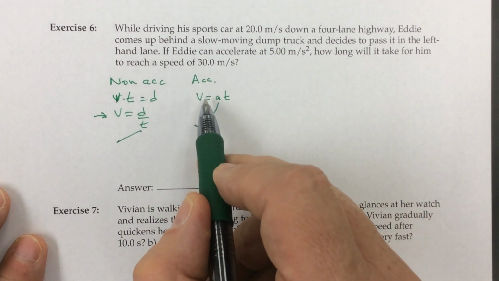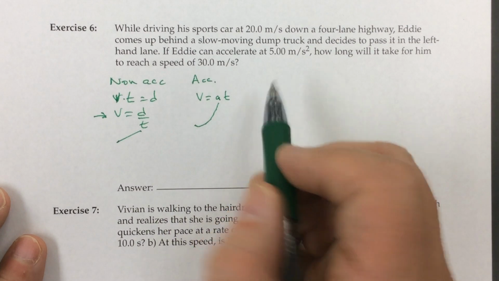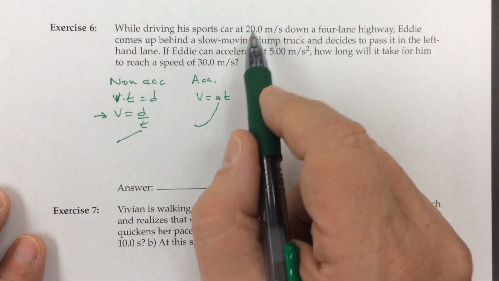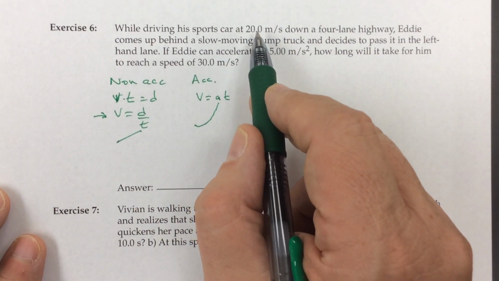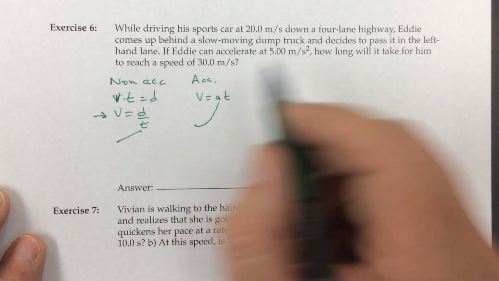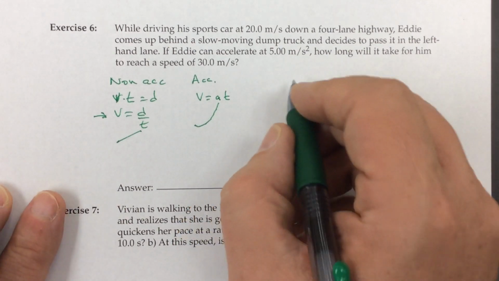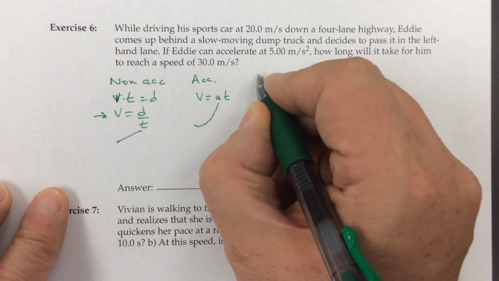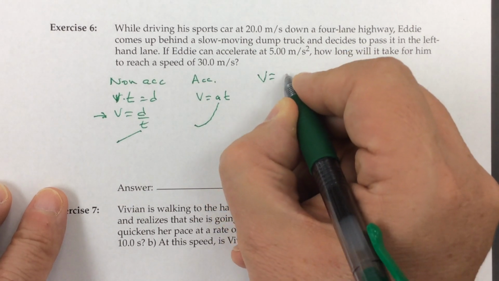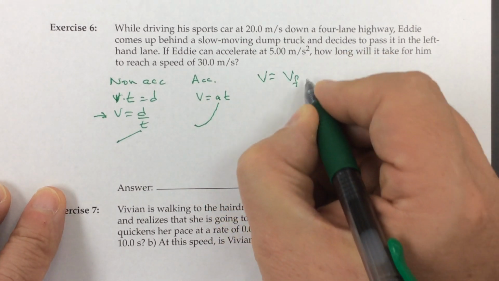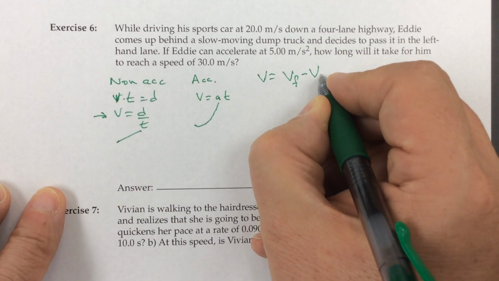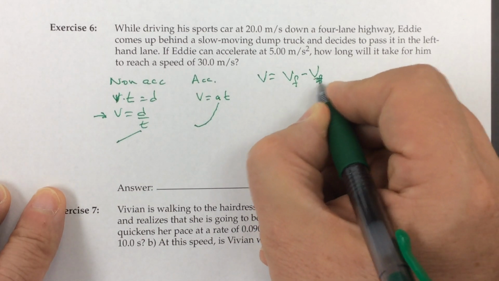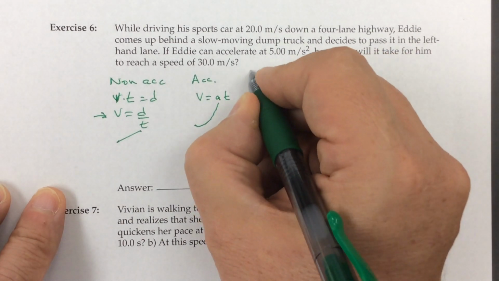Now we've got velocity, but we've got two different velocities. He's going at an initial velocity, right? And then he's going to get faster. So I need actually two velocities. So let's just do an obvious one. Velocity is going to be whatever my final velocity is minus whatever my initial velocity is. So this is actually a change in velocity.